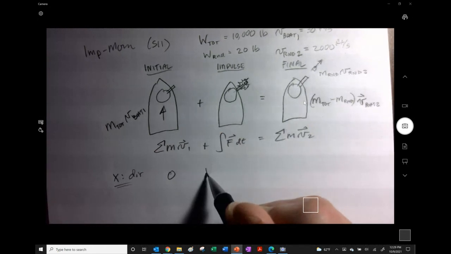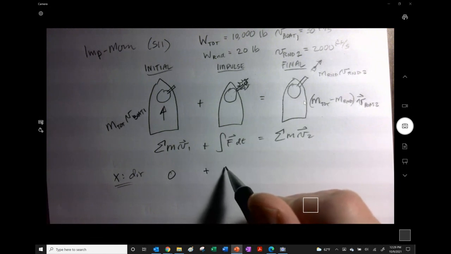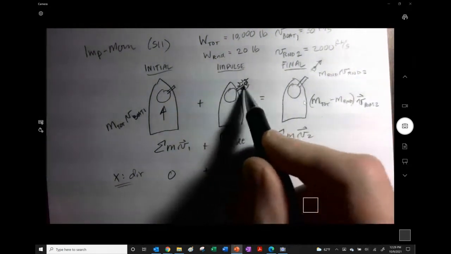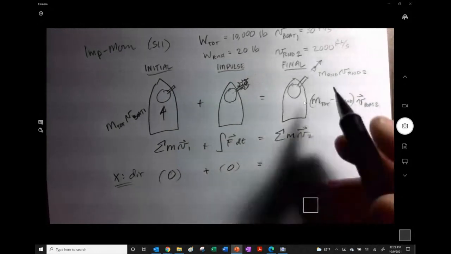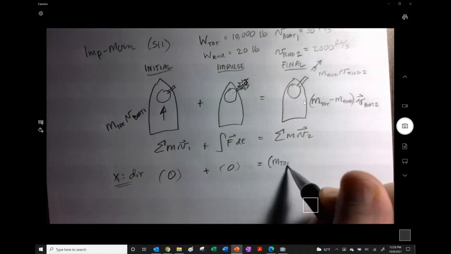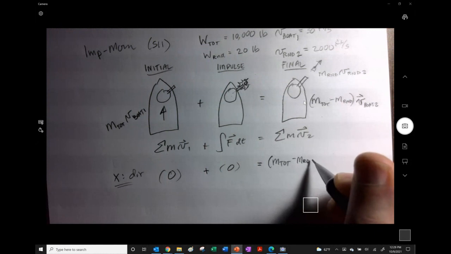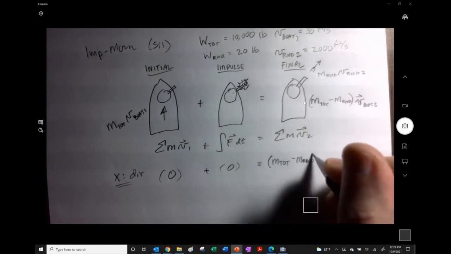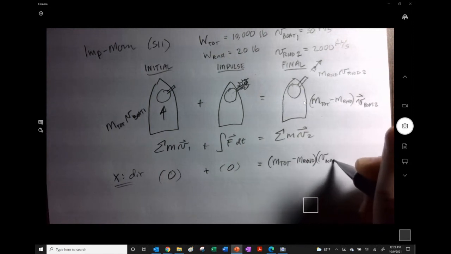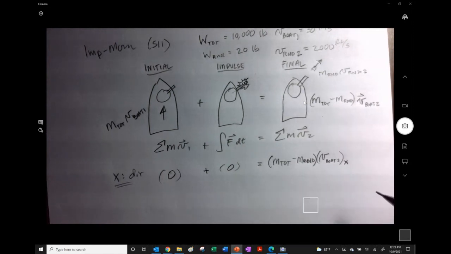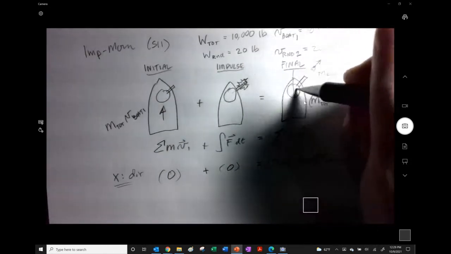And then we're going to have 0 here because they're equal and opposite. And that's going to equal the mass total minus the mass of the round, R and D, times V boat 2 X.